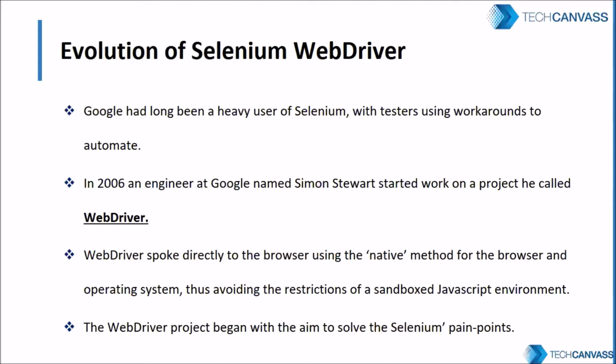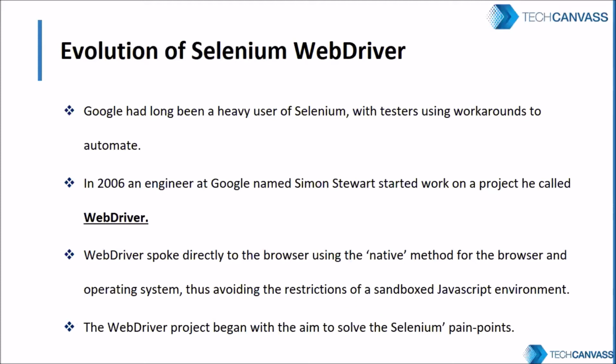With Selenium IDE, we know that it needed JavaScript as it worked on JavaScript injections, but some engineers from Google started to use the native behavior of the browser. So what do we mean by native behavior? Native behavior is how the browser would actually run the application when a user triggers an event using keyboard and mouse.